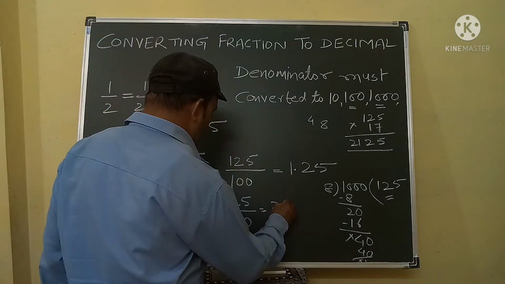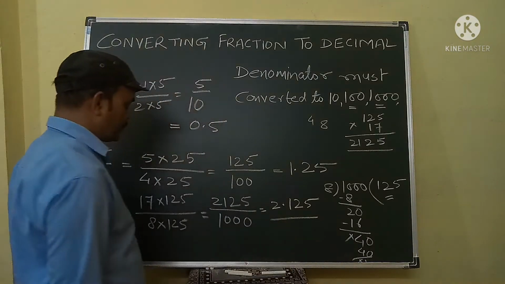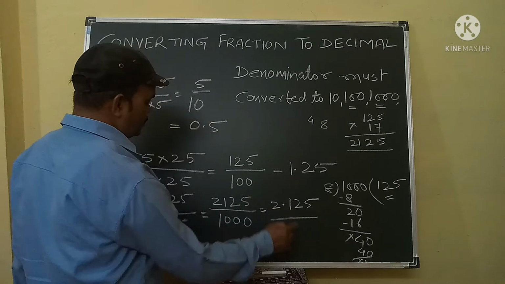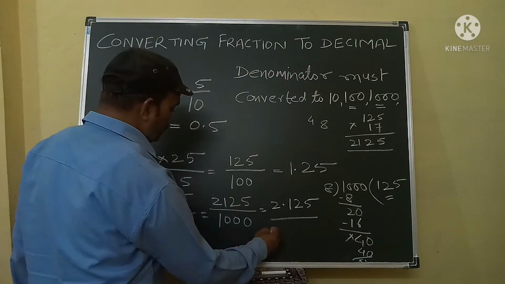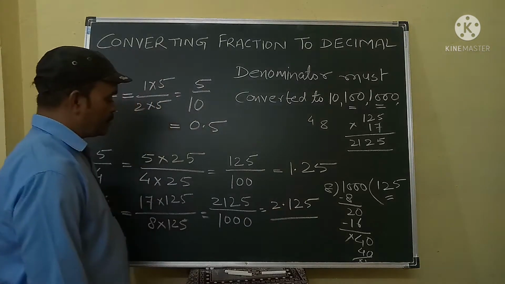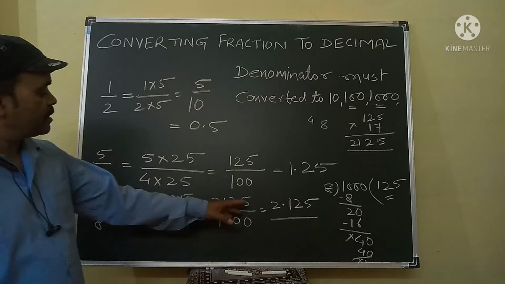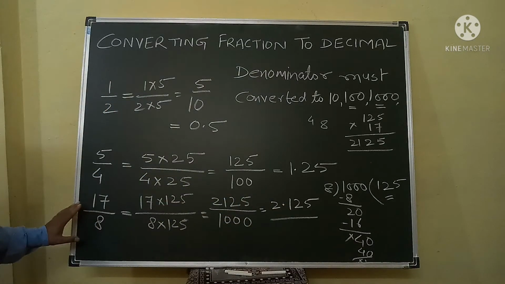So the answer will be 2.125. As you can see, before 3 digits, this is the decimal point. 2.125 is the required decimal form for the required fraction.